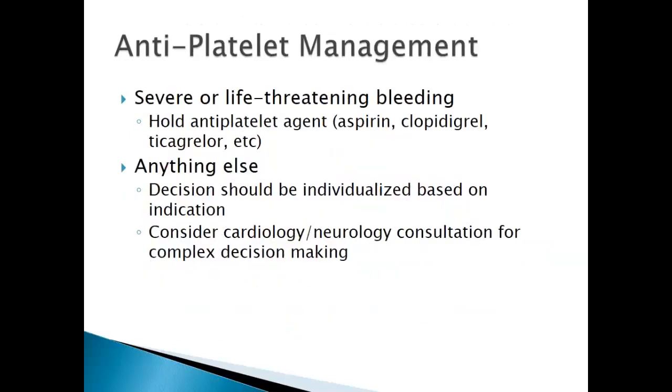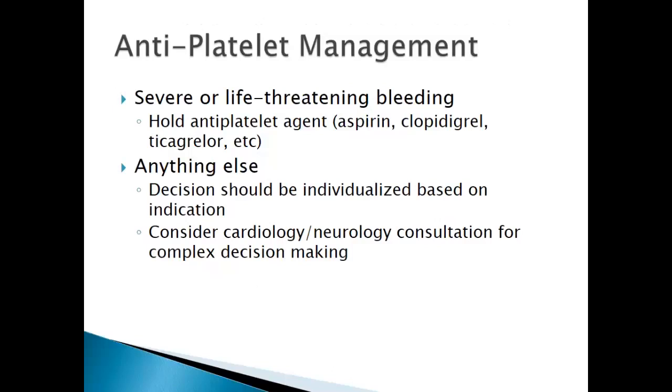With antiplatelets, for severe or life-threatening bleeding, you want to hold the antiplatelet agent, generally clopidogrel or ticagrelor or Brilinta. For aspirin, the decision to continue or not is based on where the bleed is and how severe it is. If it's an upper GI bleed, generally hold it unless there's a very strong indication, because it can be associated with ulcers or the etiology you're trying to stop.